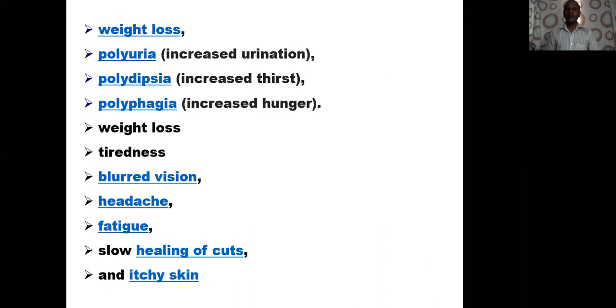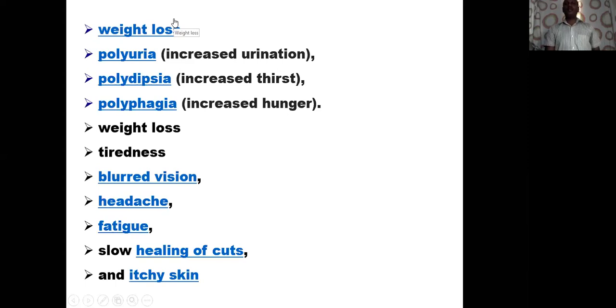And then what are the complications of diabetes? So, signs and symptoms, you can call them. Weight loss will be there, because in diabetes mellitus there is increased loss of glucose.